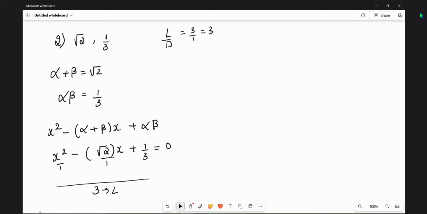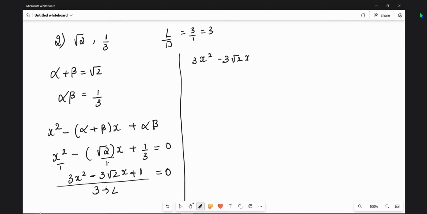This 3 I will multiply with the numerator. I will get 3x square. Minus. Again you will have 3 by 1 is what? 3. 3 into root 2 you will get 3 root 2x. Plus 3 by 3 is 1. 1 into 1 is 1. So equal to 0. You will get it as 3x square minus 3 root 2x plus 1 is equal to 0.